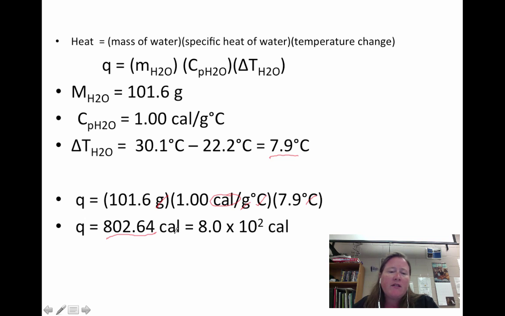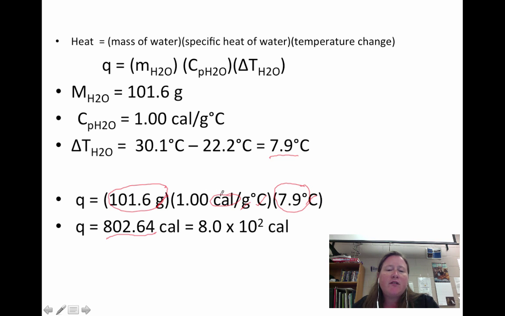Now, with this, we have to follow the rules of significant figures. This is a multiplication problem, and this measurement has 4 significant figures, whereas this measurement has 2 significant figures.